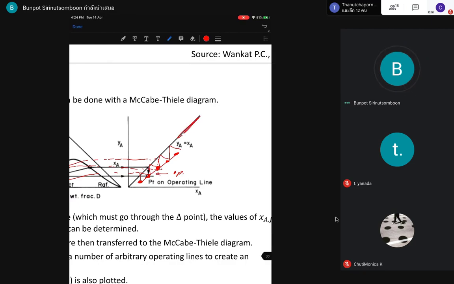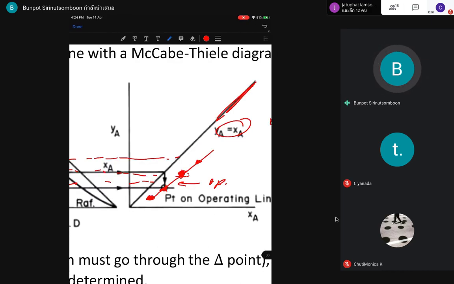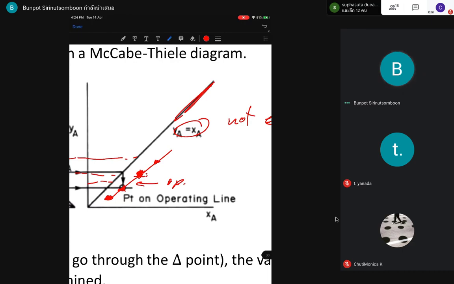Oh, I'm sorry, I said it wrong here. I shouldn't draw the steps here, because this one is y equal to x. It's not equilibrium. Sorry, not equilibrium. But this is the overlapping line, right? So maybe I don't know, maybe the equilibrium line is something like this.